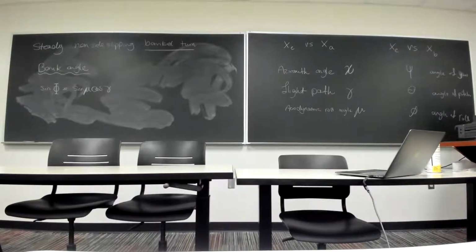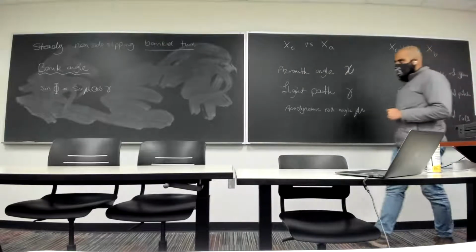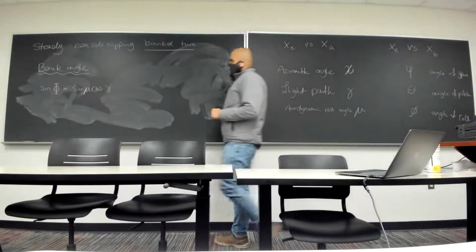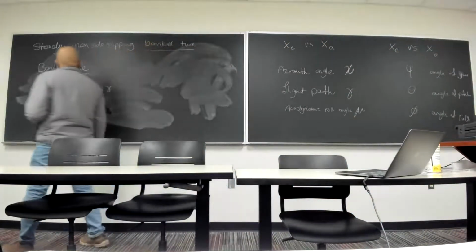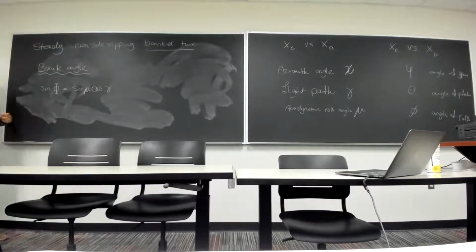Well, let's try to find the equations of motion for this specific type of flight: steady non-side-slipping banked turn. How many equations should we have here? We are moving like this, right? So how many? Three, exactly.